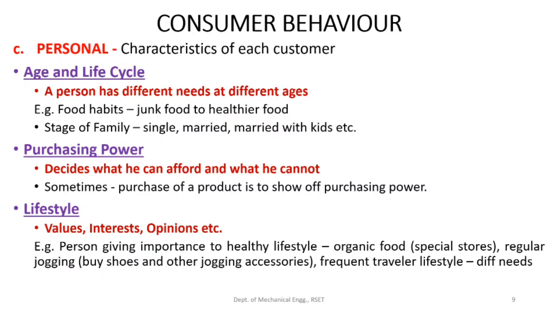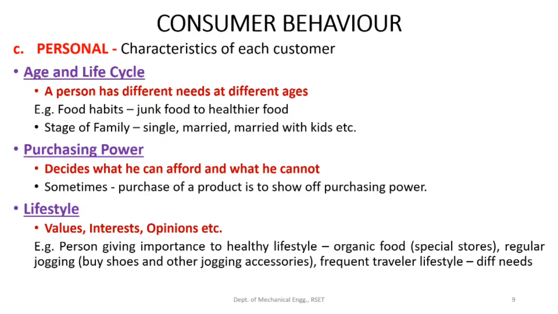Such a person would prefer organic foods, which are much healthier, and thus would buy them from special stores that have organic food. At the same time, he would also be an active person who regularly exercises, like taking regular jogs. So he'll prefer to spend his money on shoes and other jogging accessories.